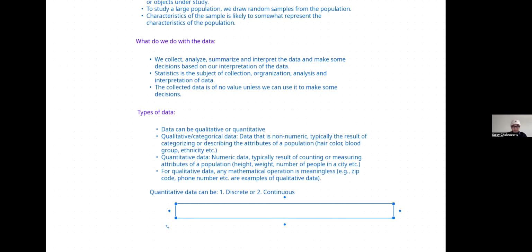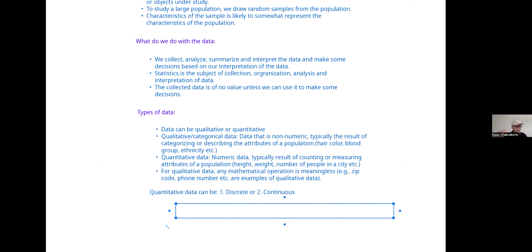For example, the number of phone calls received in a day, or the number of children in a family, etc.